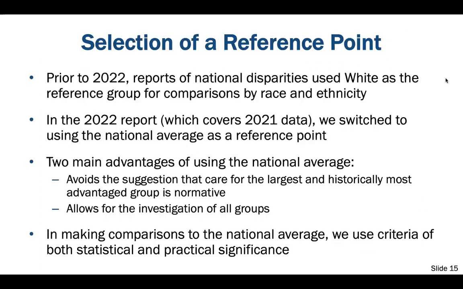The next slide talks about one of the things that we've been moving towards. Initially, all of our work used the non-Hispanic white group as the point of reference for racial and ethnic comparisons.